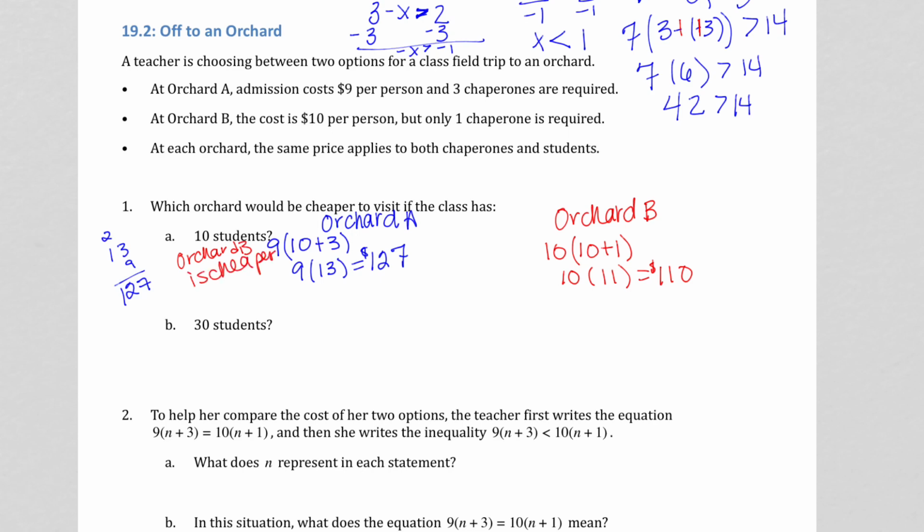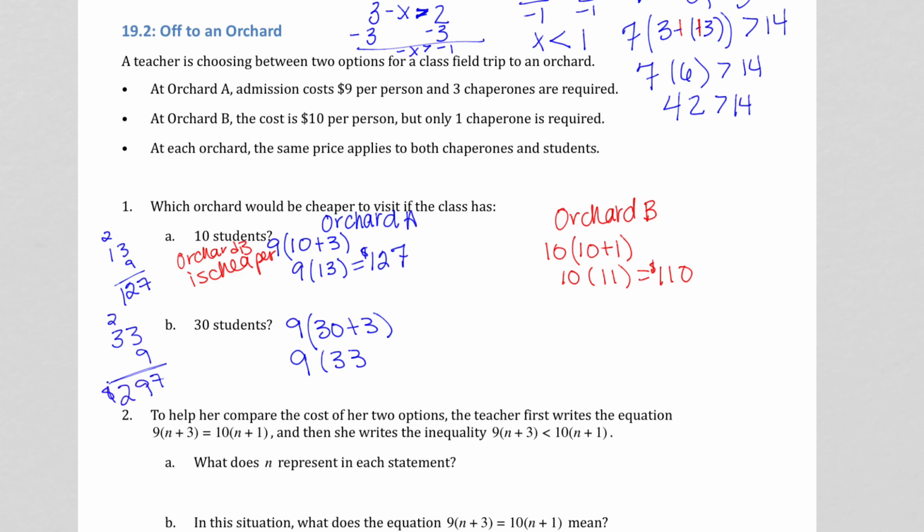Okay, so what if we have 30 students? So again, we're going to multiply 9 by 30 plus 3. So we will have 9 times 33. Again, I'm going to do this to the side over here because I don't know this off the top of my head. 9 times 3 is 27. So 27, 28, 29.